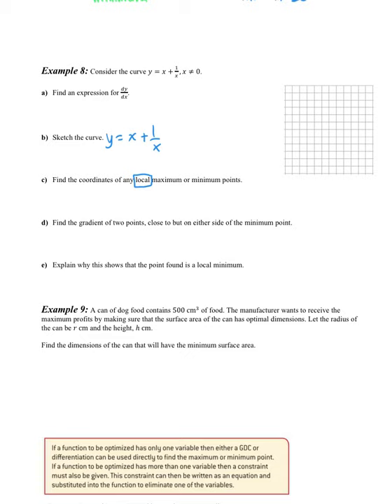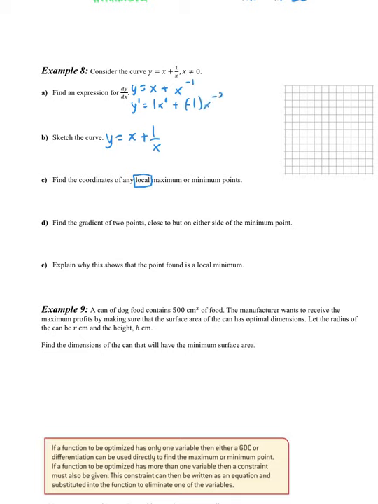So again, I said the easiest way to do it is rewrite it as x plus x to the -1, just so that when we're taking the derivative of it, we can say y prime is 1 times x to the 0 power plus -1 times x to the -2 power.